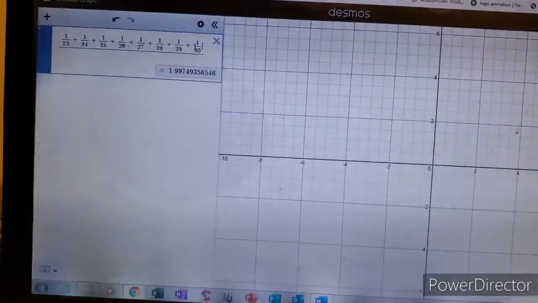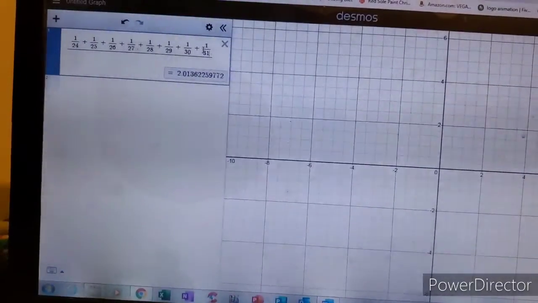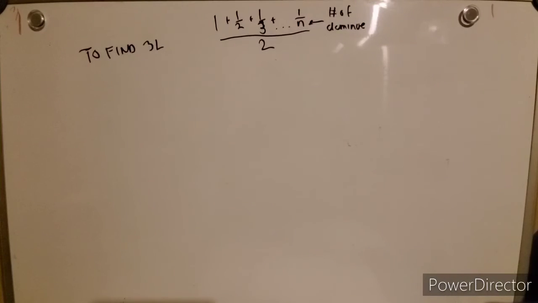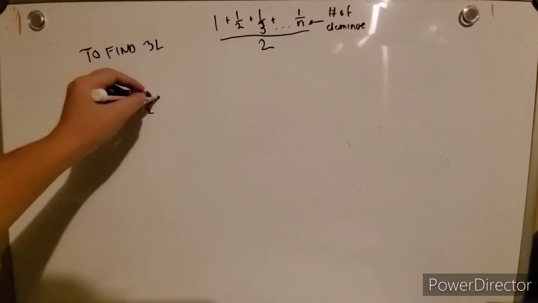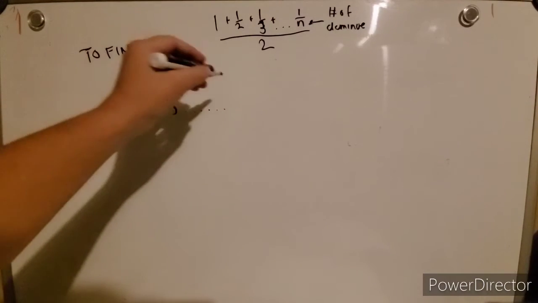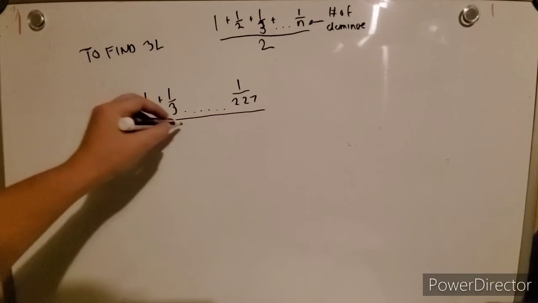Adding the 31st domino would give us a value of 2.01362259.772. So coming back, to achieve an overhang of 3L or 3.00, we would need approximately 227 dominoes. And so we will write it as this, our equation, and repeat all the way until you reach 227 dominoes divided by 2.